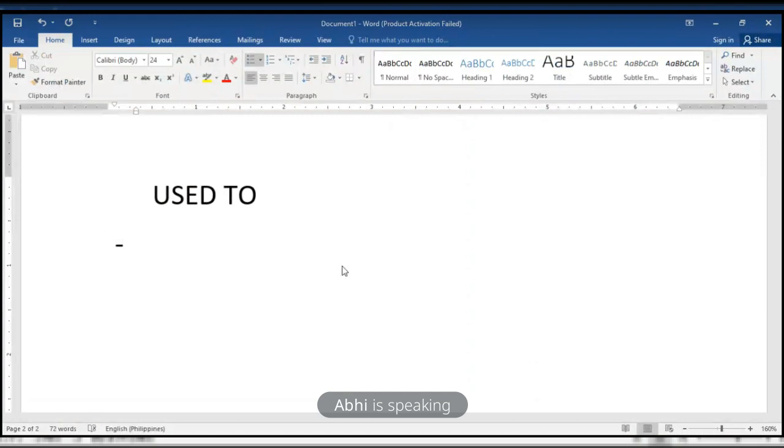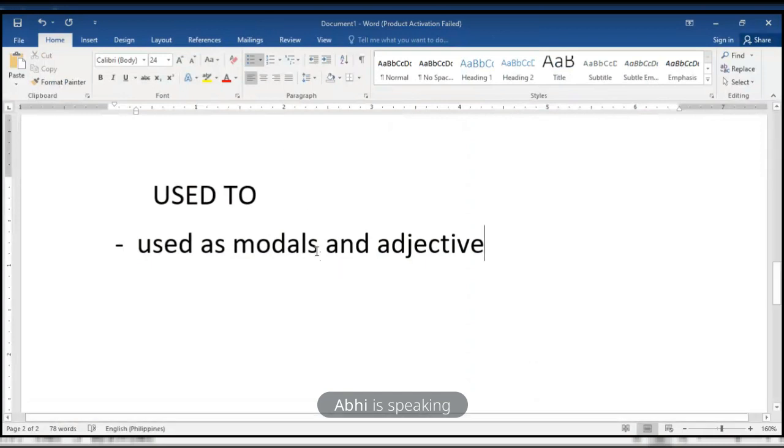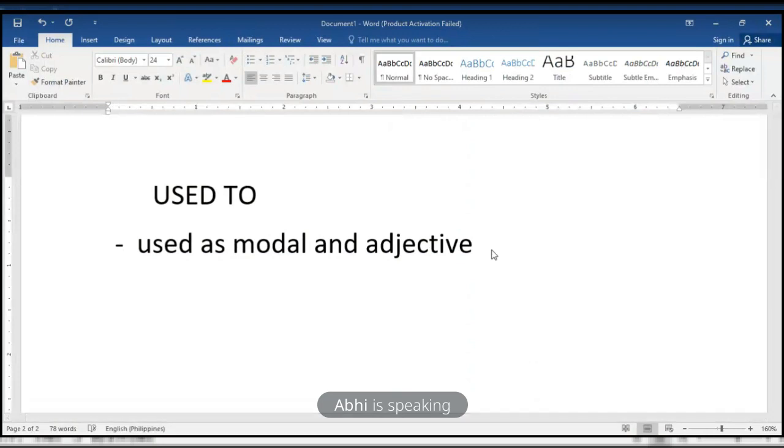When we use used to as a modal, the verb's first form, the base form, comes just after used to. It talks about a regular action or habit of the past.